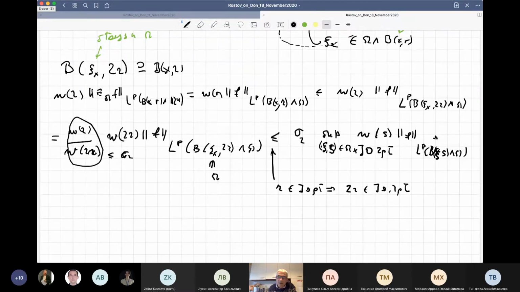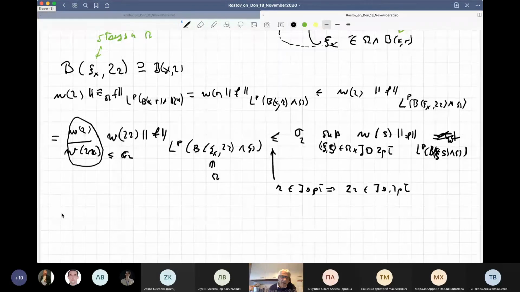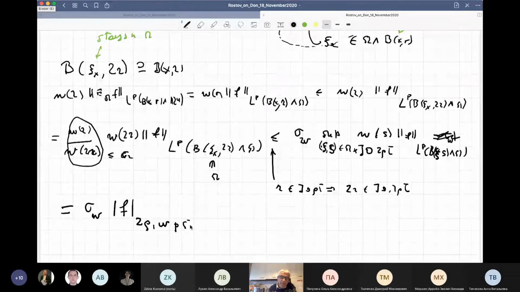But this is sigma_w times the norm of f in L^p_w(omega) with 2 rho. And so we proved the inequality.